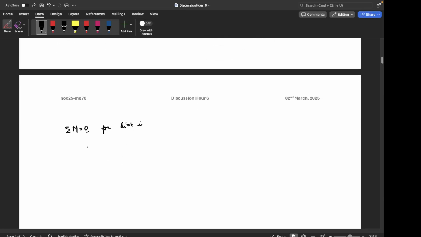So the equation becomes Ni, then the reaction torque, or the opposite of what i applies on i plus 1, and also the opposite of what is generated due to the force that is away from the origin of the ith frame. And we can write all this in the ith frame.